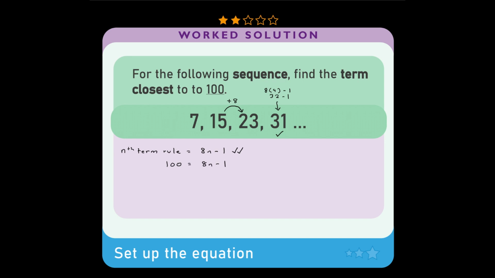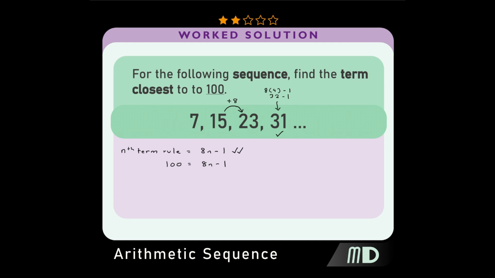We can do that by first adding 1 to both sides, giving us 101 equal to 8n, and by dividing both sides by 8, giving us 101 divided by 8 equal to n.